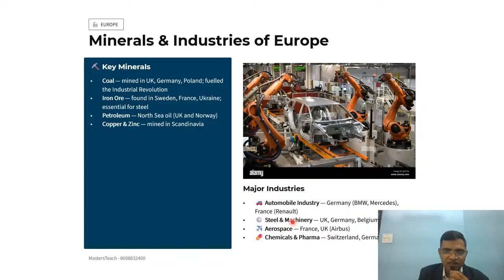Then steel and machinery, a major industry in the UK, Germany, and Belgium. Then aerospace, France and the UK, with Airbus being the main thing. Chemicals and pharma, Switzerland and Germany. You have to remember all this. Okay, these are the minerals and industries in Europe.